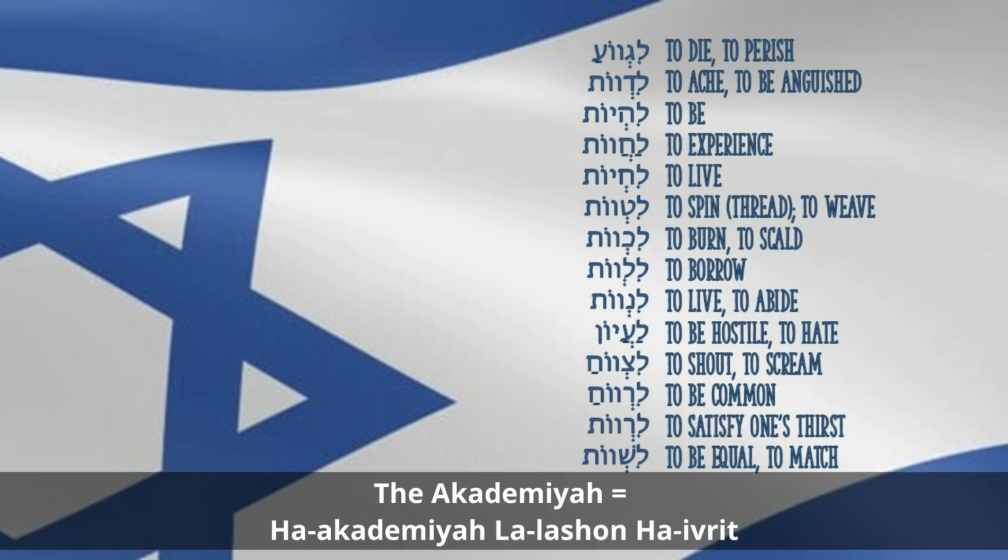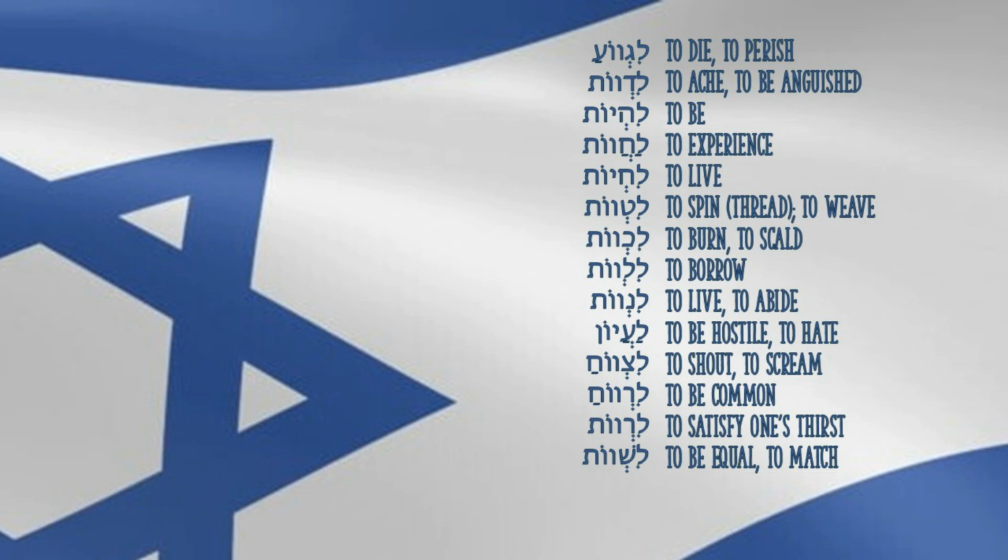Of course, the Academia says it's a yod, Pealim says it's a hey. And then there were 2 with a chet, 1 with a nun, and 1 with an ayin. So I do plan to do a separate video about these 14 weird verbs, but that'll be a separate video. They're not super common, but I know that I have seen at least 4 of them out in the wild.